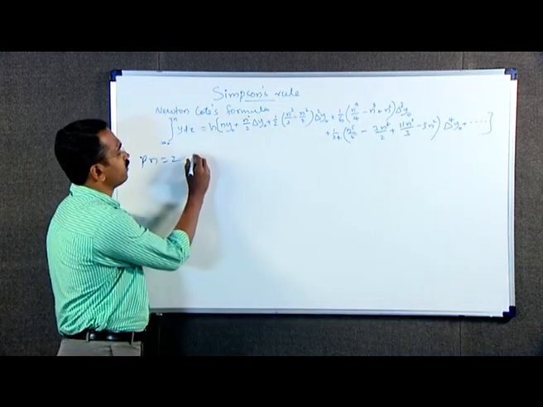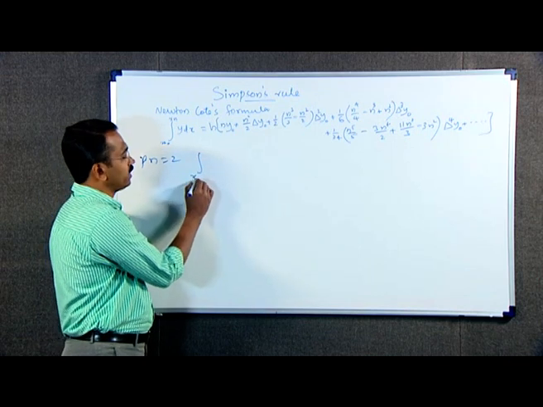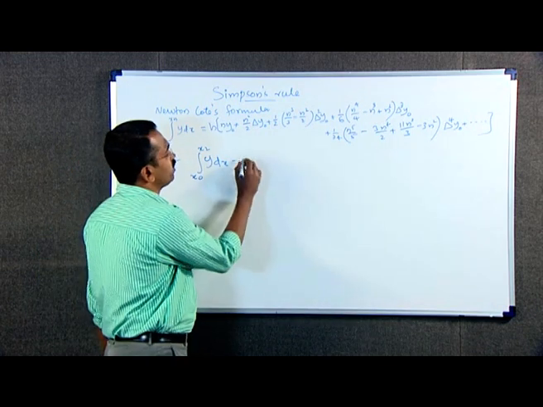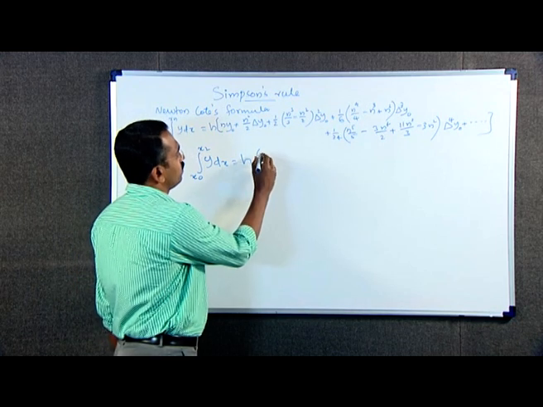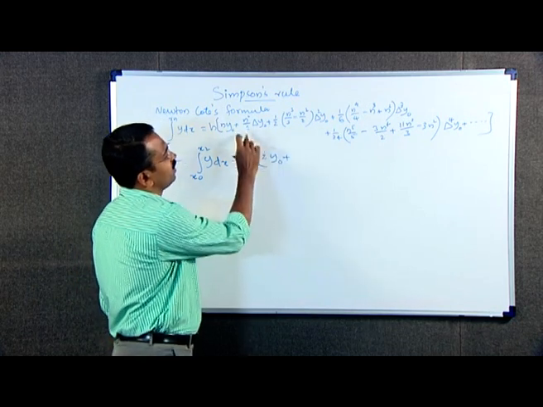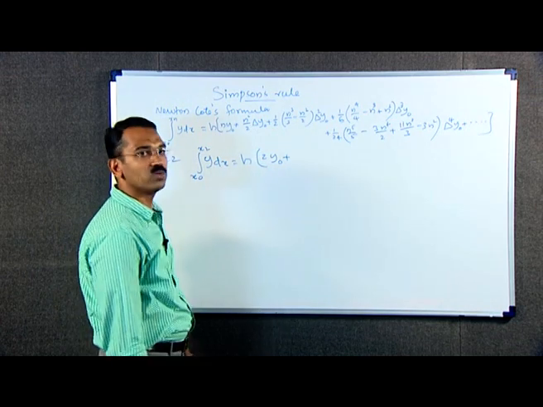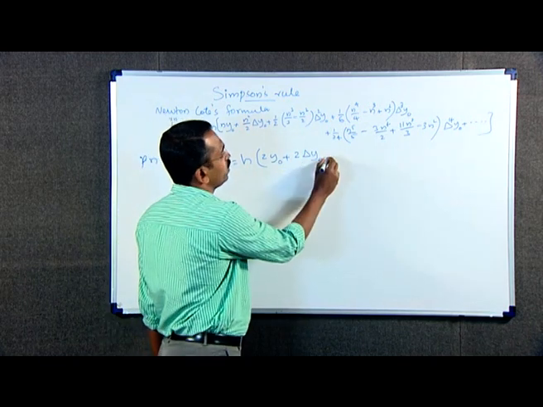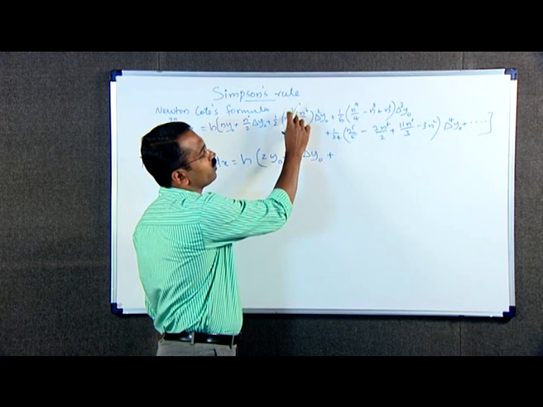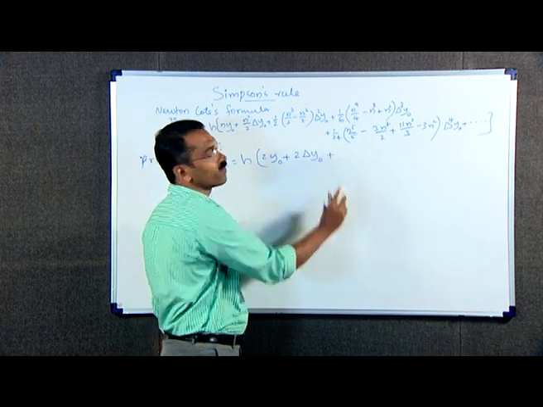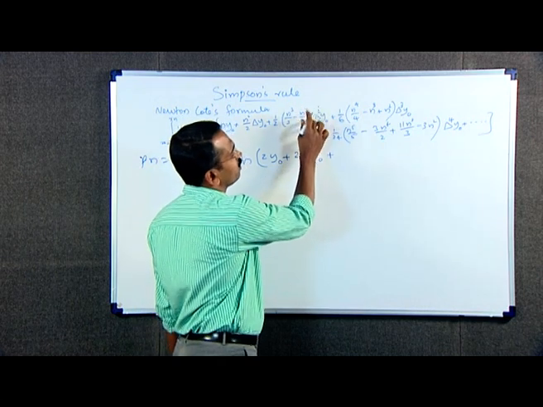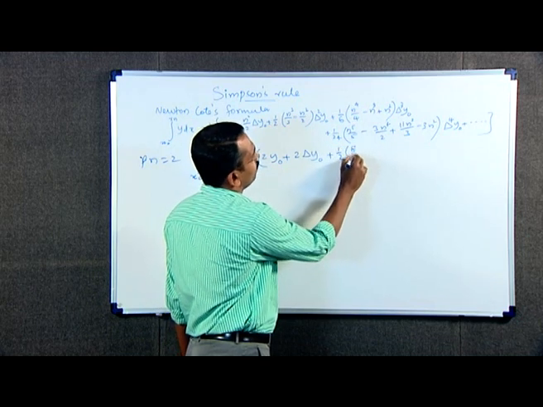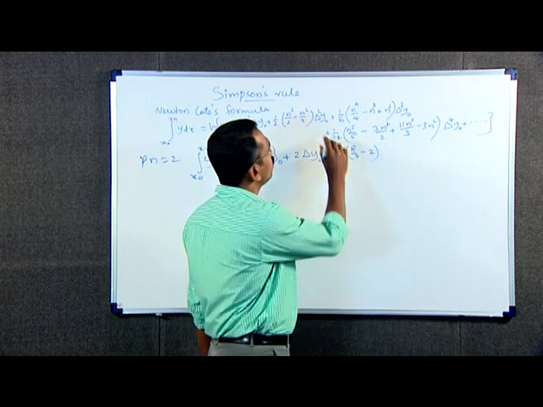We get integral from x0 to x2 of y dx is equal to h into [2 y0 plus here 2 square by 2 is 4 by 2, that is 2 times delta y0, plus 1 by 2 into (n cube is 2 cube, that is 8 by 3 minus 2, here 4 by 2 is 2) that is 1 by 2 into (8 by 3 minus 2) into delta square y0].